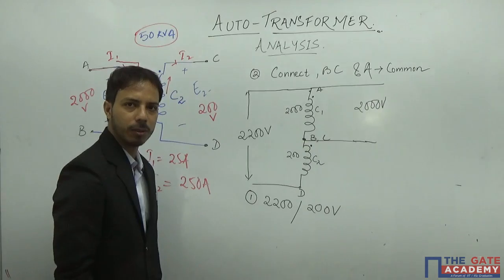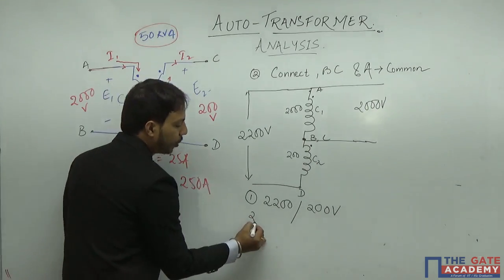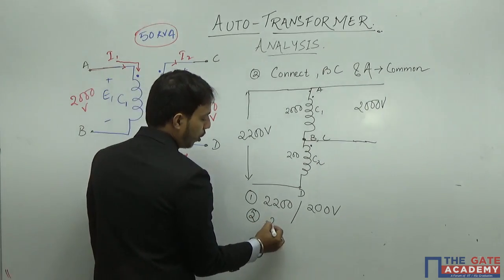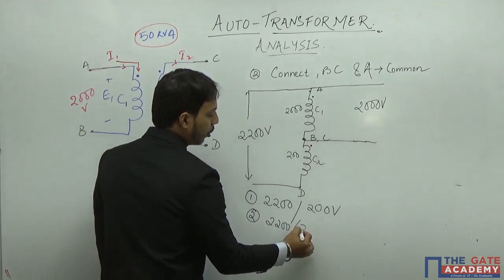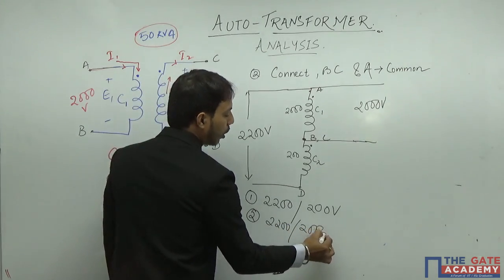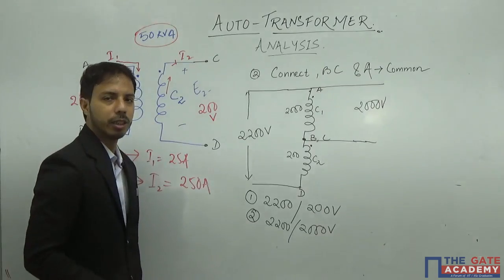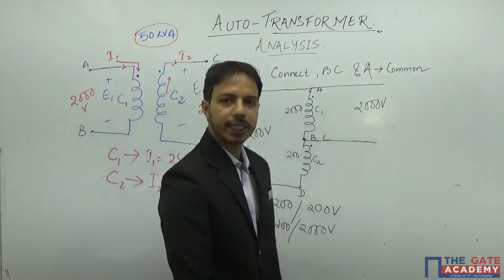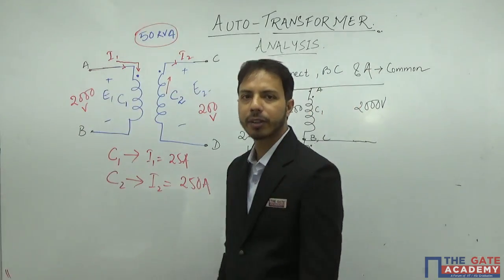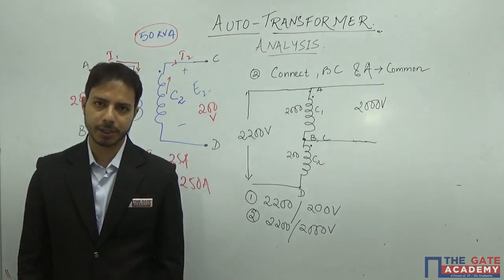This is also possible. So the second option is 2200 by 2000 volts. So these are the two possible connections that I may get by additive polarity.